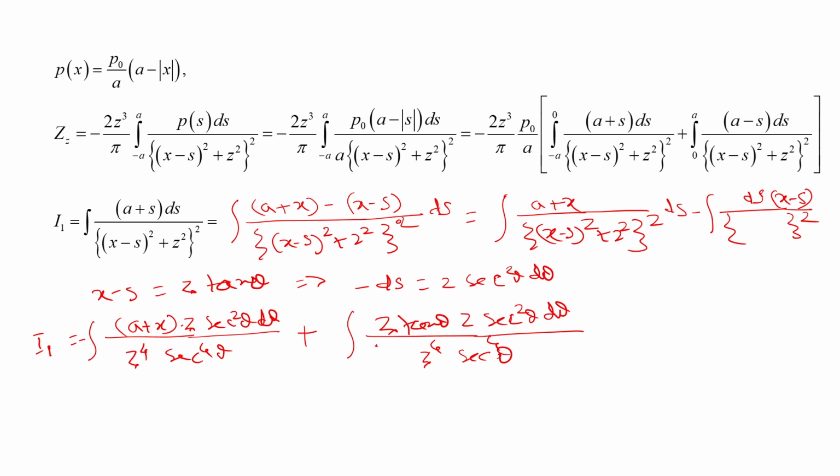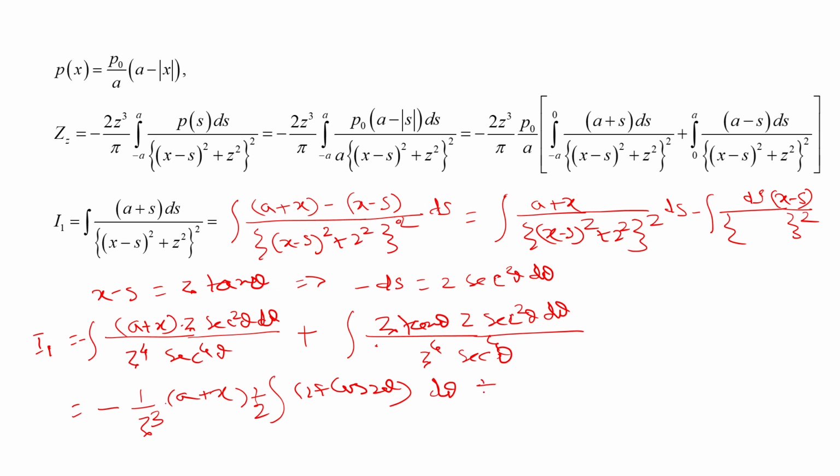So now I can write it as minus, and this is z cube, 1 by z cube into a plus x, and then it is sec square theta over sec 4 theta. So this will be 1 by sec square theta, which is cos square theta, and I divide by 2 here, so this is 2 cos square theta, which is 1 plus cos 2 theta, d theta.